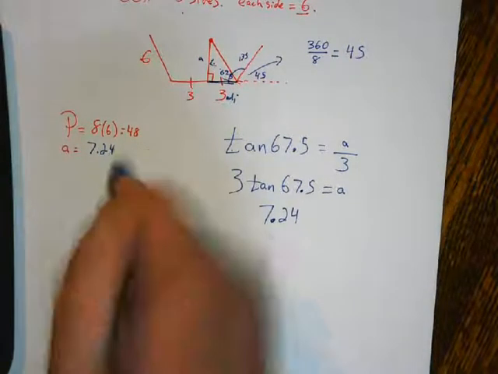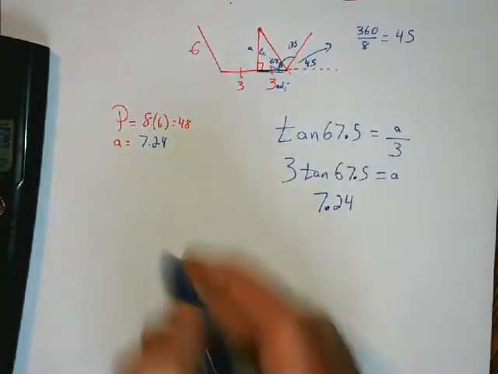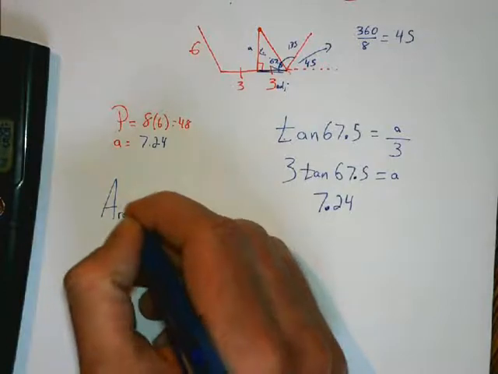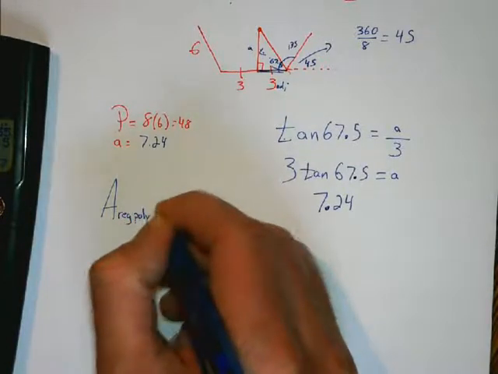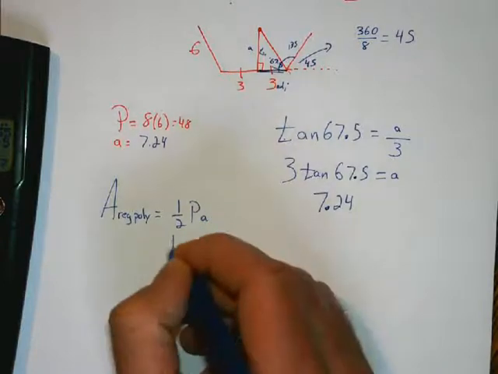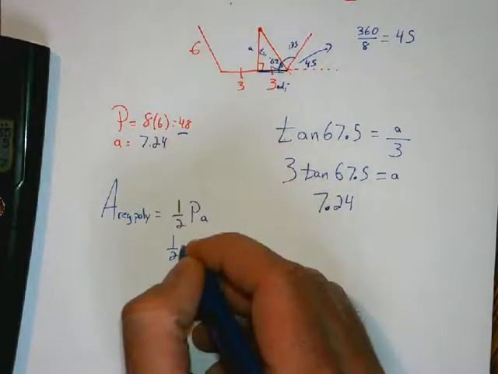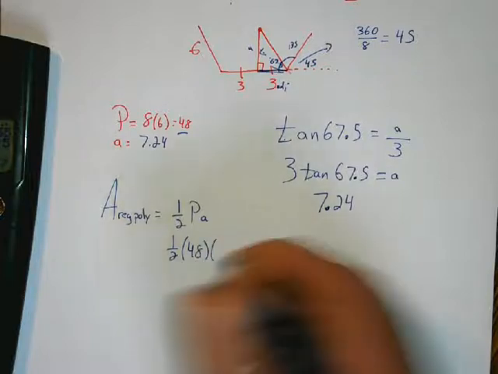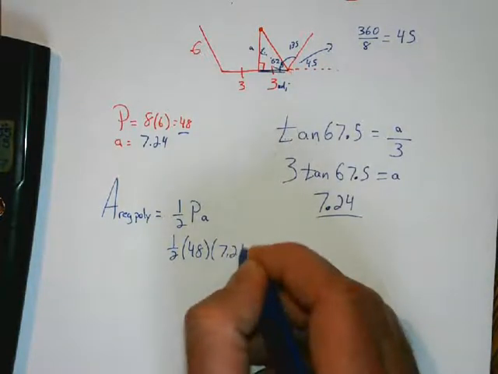And I rewrite it down. So from here, we know that our area of the regular polygon is 1/2 the perimeter times the apothem. Well, our perimeter, we already found that out, was 48. And our apothem was 7.24.